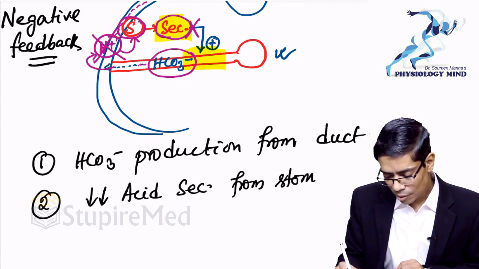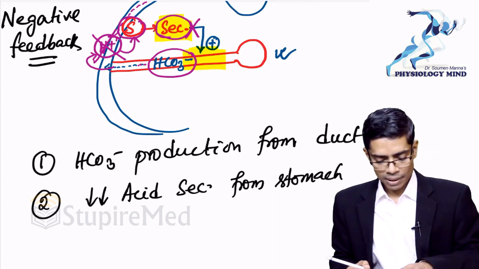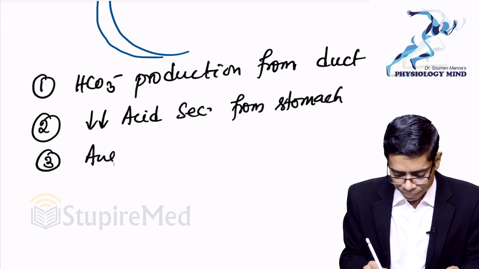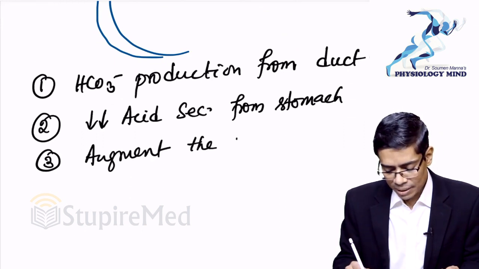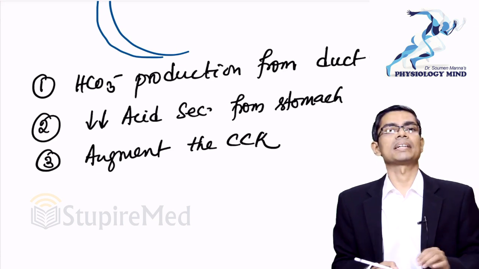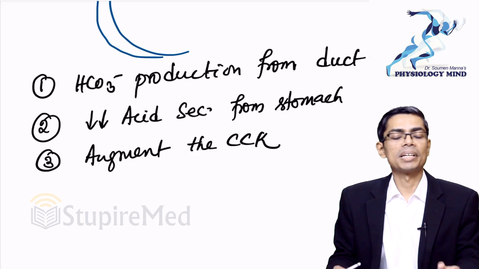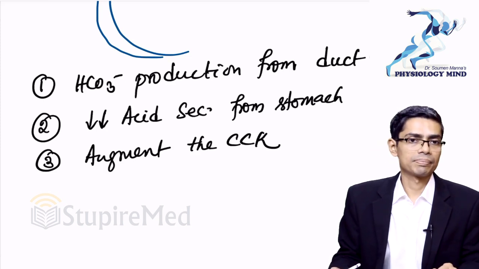Number 3, it augments the function of CCK. I told you already they are like friends, they will augment each other's action. So this is all about secretin, you have to remember.